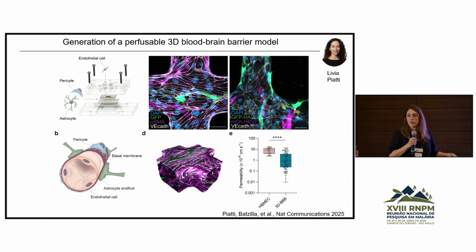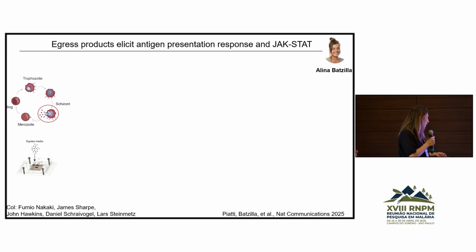And this is perfect for us because then we can do our studies with Plasmodium falciparum. So then what we did in this study is to take different synchronized stages of the malaria parasite, very tightly synchronized, to look which one was more pathogenic. And for this, we did a lot of single cell. And today, for the sake of time, I'm just going to focus on this condition that we call egress.